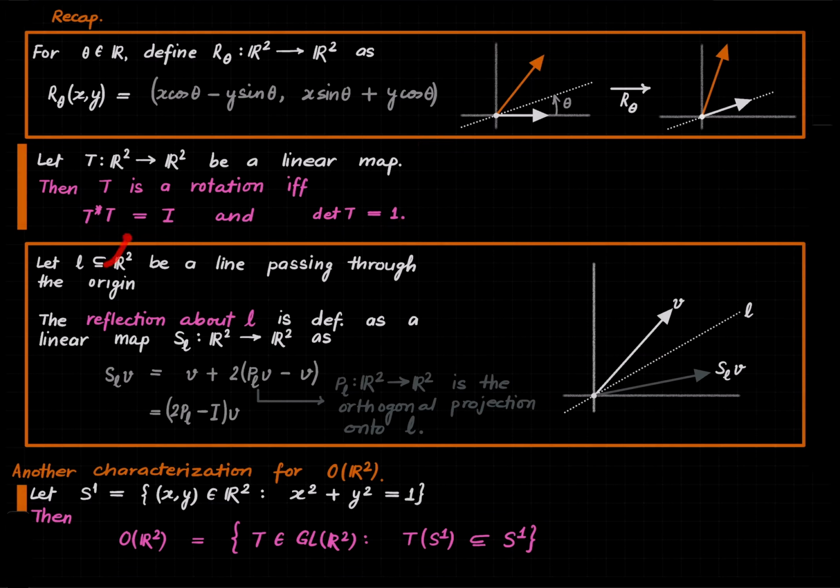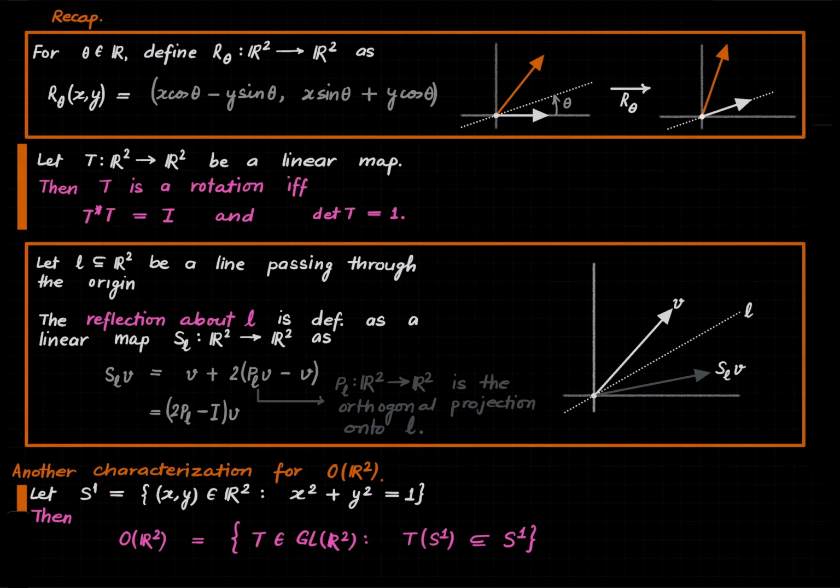Anything in the orthogonal group has determinant either +1 or -1. Those with determinant 1 are precisely these maps. And similarly, we had the notion of reflection, and we had a similar characterization of reflections where this 1 would be replaced by -1. Then I also mentioned another characterization of the orthogonal group, which was that the elements of the orthogonal group are precisely those invertible linear endomorphisms which preserve the unit circle.